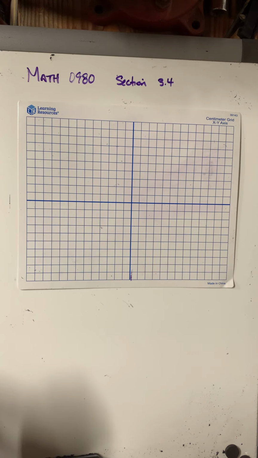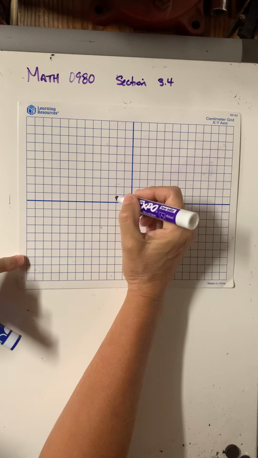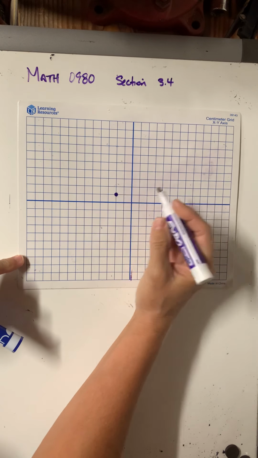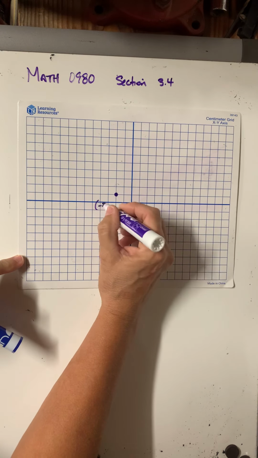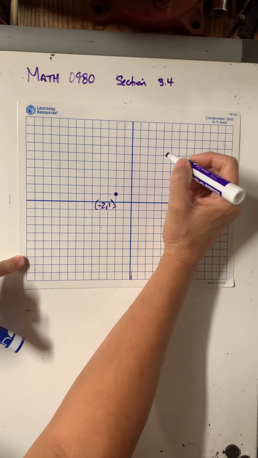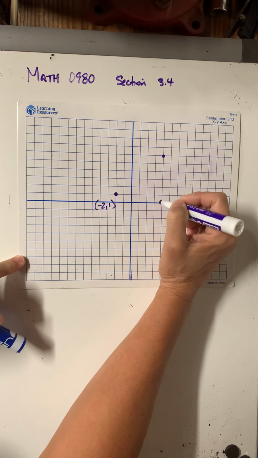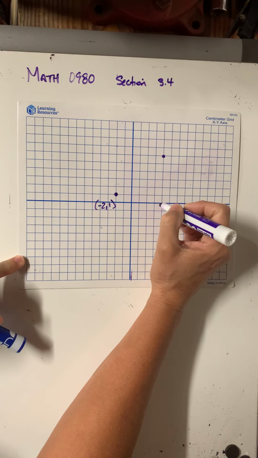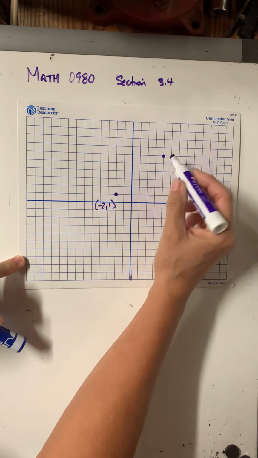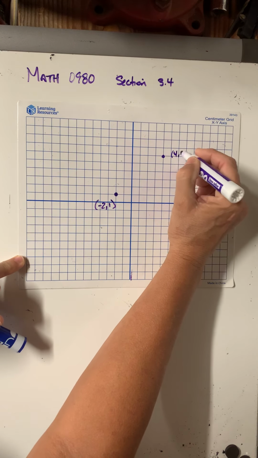So let's say, for instance, that I wanted to find the distance from this point, which is -2, 1, to this point, which is 4, 6.